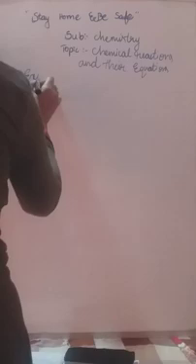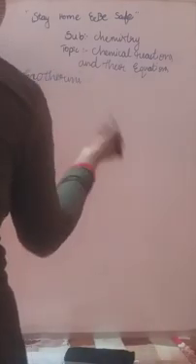Students, today we have to move to the next continuation part in the lesson, chemical reactions and their equations. Yesterday I told you about exothermic and endothermic reactions. Exothermic means the reaction in which energy is released.